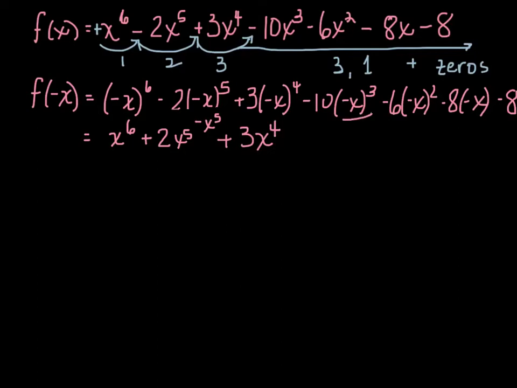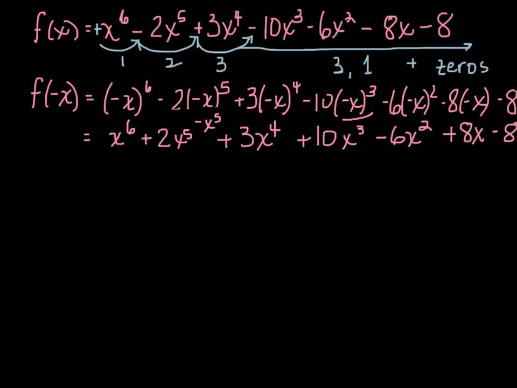This right here will be negative x cubed, so this will stay positive 10x cubed. Negative times negative is positive. Negative x squared is a positive x squared, times the negative 6 stays negative. Negative 8 times negative x is positive 8x, and the negative 8 is my constant.